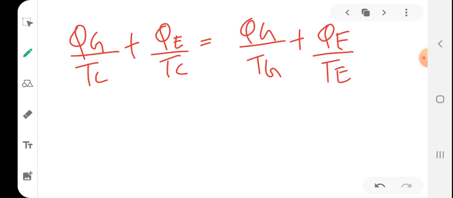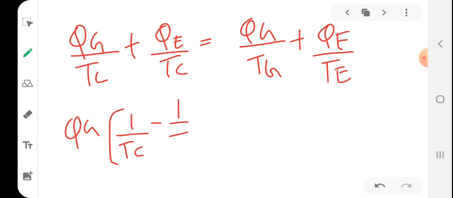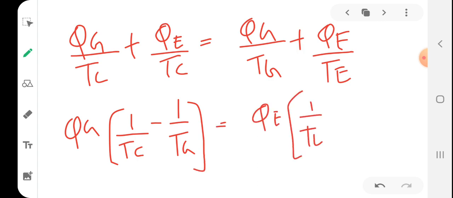Now group the QG terms on one side and the QE terms on the other: QG into (1 by TC minus 1 by TG) equals QE into (1 by TE minus 1 by TC), right?